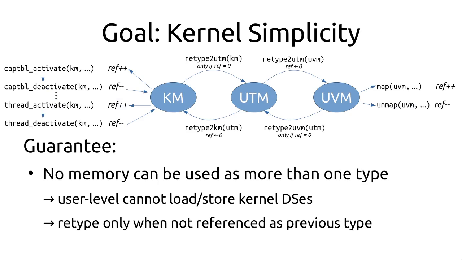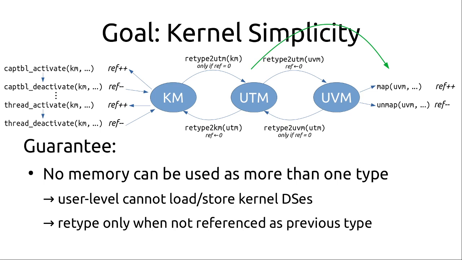Okay. This is essentially a complex state machine that encodes a lot of that intuition in how we actually implement it. In the center, we can see that we have a page that is typed as untyped memory, right? And let's follow this path. With this path, what we can see is that we can call the retype operation.